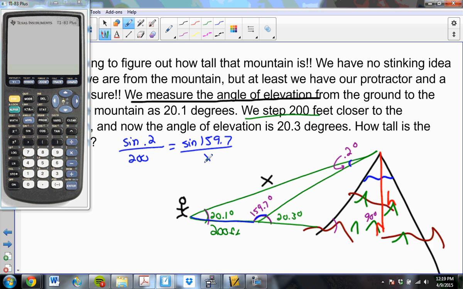Solving that for x, x is going to equal the sine of 159.7 divided by 200, times 200, divided by the sine of 0.2.